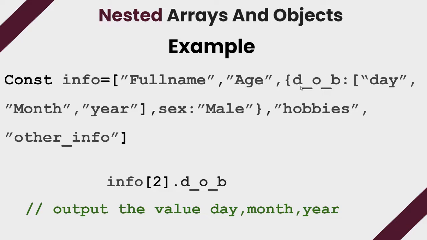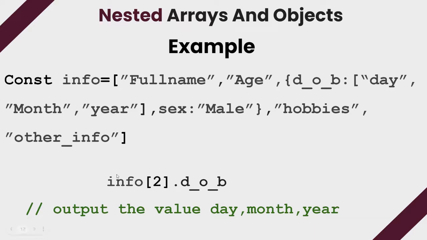So we have the d underscore o underscore b, and that's the value of an array within the object. So to reference this particular array, we already know that referencing objects would require the dot notation or the bracket notation. But to reference this entire value, you would use the array method, which is the index referencing.